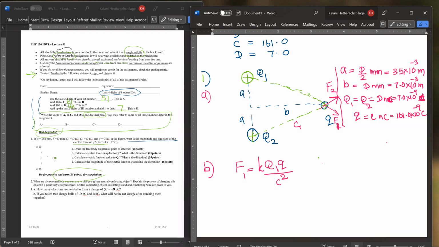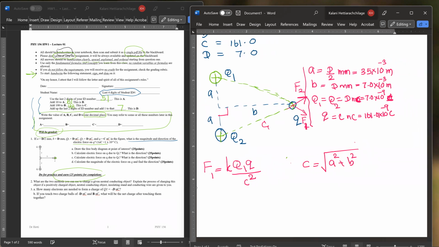As soon as you write this, you know that you can find C, right? How to find C? Go here, and C will be from the Pythagorean theorem: A to the power 2 plus B to the power 2, and the root of that, right?